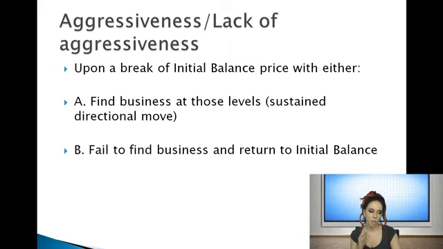And the way we do that is when prices probe either below or above initial balance, there are two possible things that might happen. Either the market is going to find buyers or sellers and continue in the direction of initial balance break, causing a sustained move, or two, it will fail to find business and it will return to initial balance range.